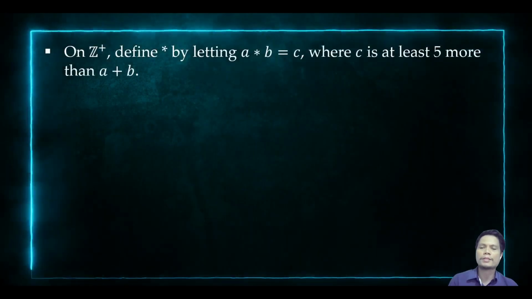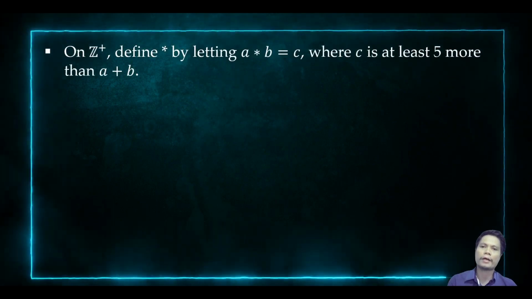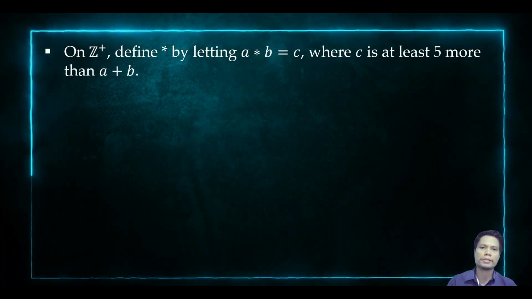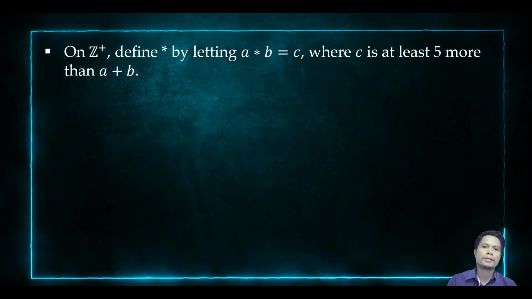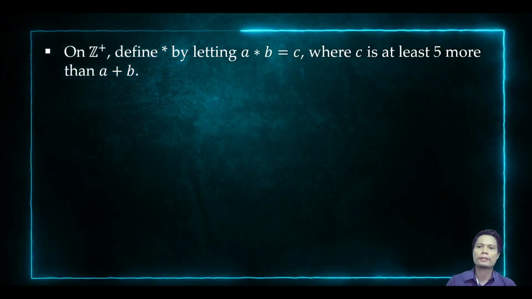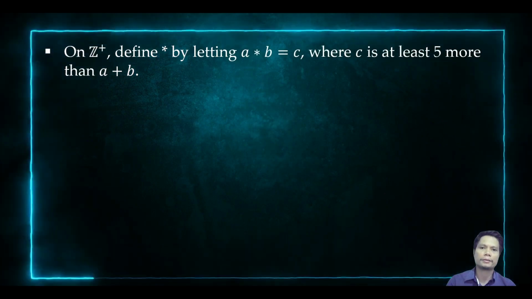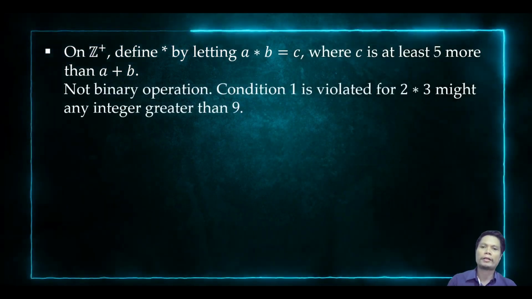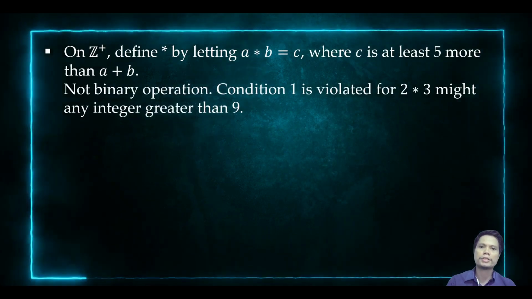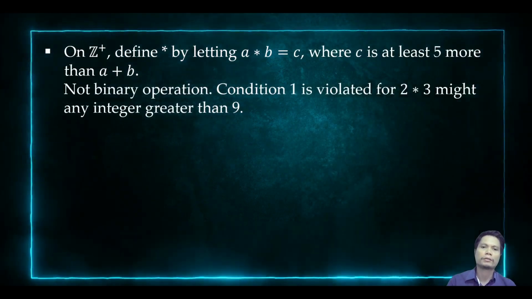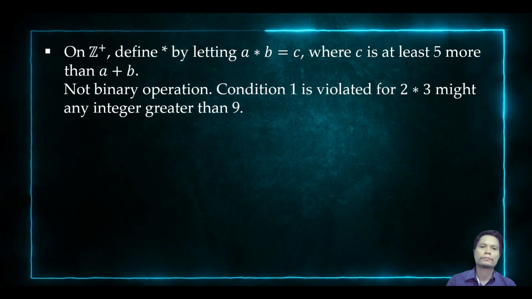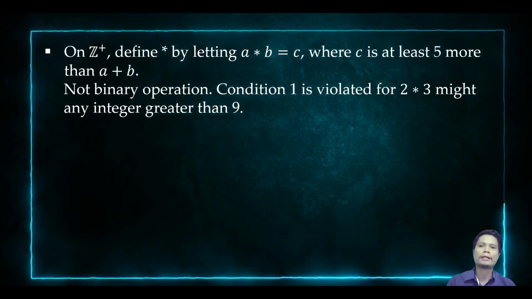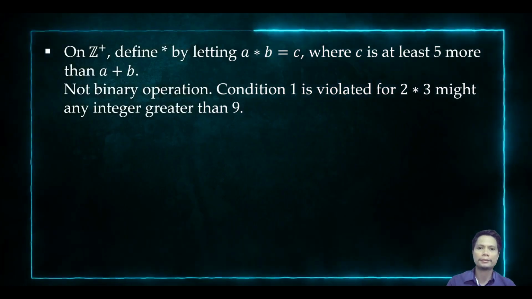On the set of positive integers, define binary operation by letting a binary operation b is equal to c, where c is at least 5 more than the sum of a and b. Not a binary operation. Condition 1 is violated. For 2 binary operation 3 might be any integer greater than 9.